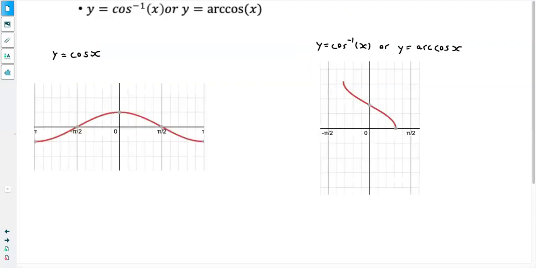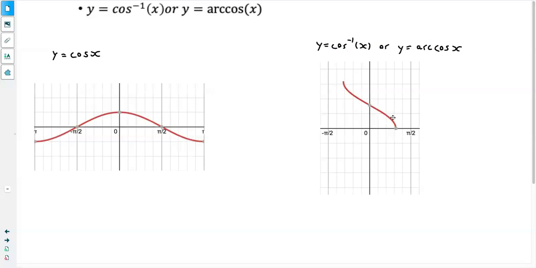Now looking at cosine and its inverse, so cos negative 1 of x, or y equals arccos of x, we have our graph of cos x, and here's our graph of cos negative 1 of x, or arccos of x. Now you'll see that once again we've restricted our domain of this one so that this one is a function.